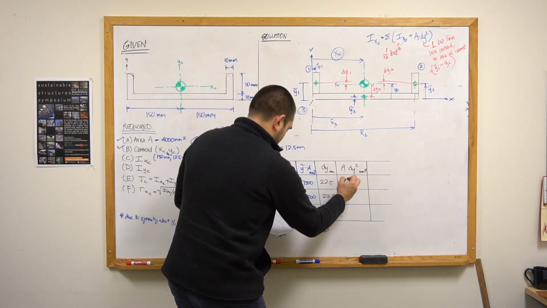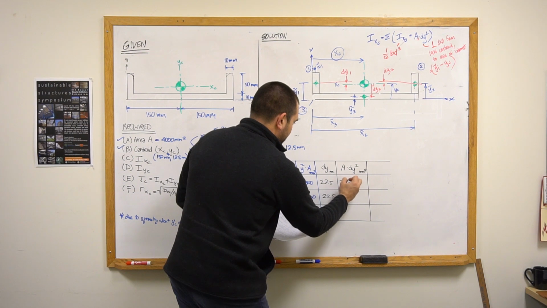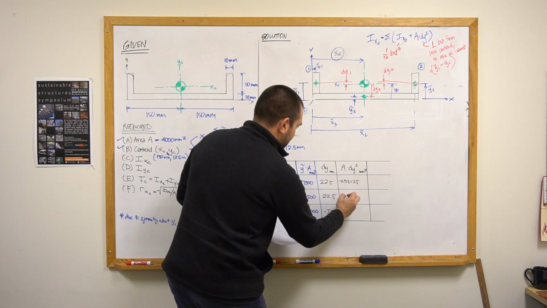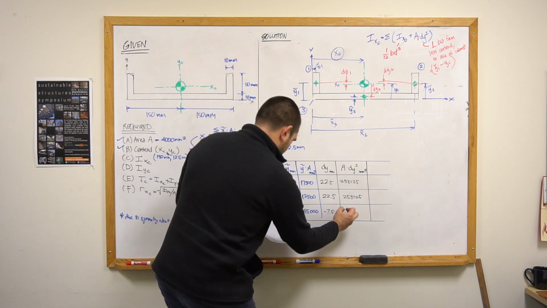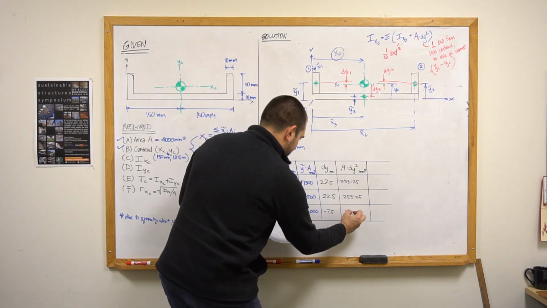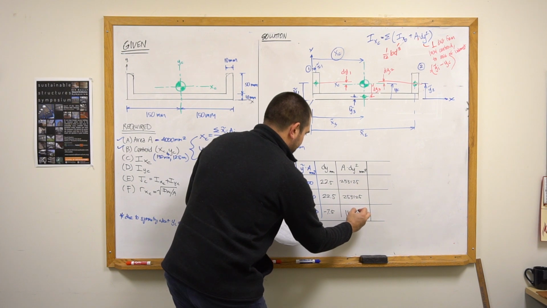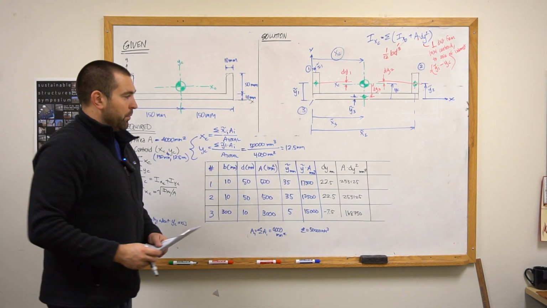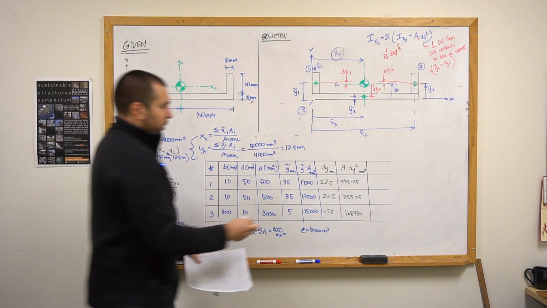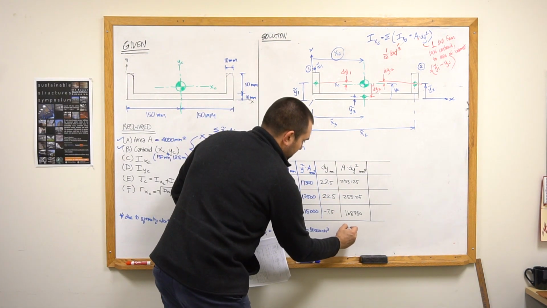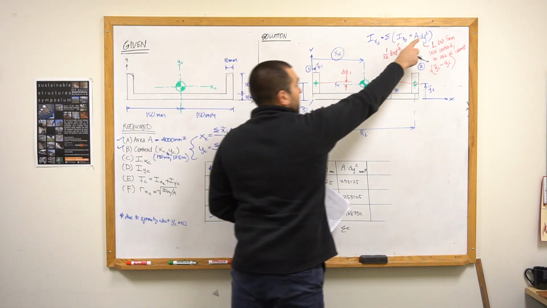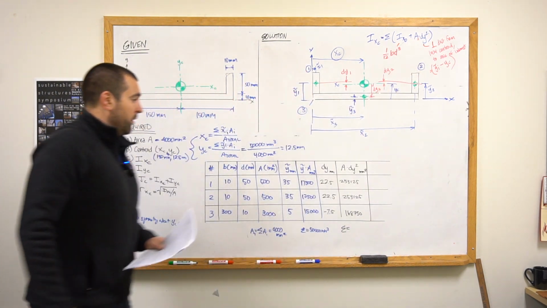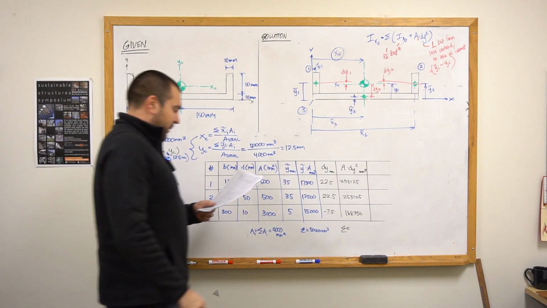I get 253,125 for both shapes 1 and 2, and I get 168,750 millimeters to the 4th for shape number 3. And we will need to sum these up. That's going to be the second term in our moment of inertia equation.